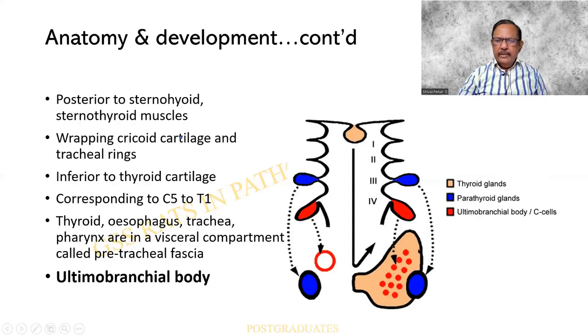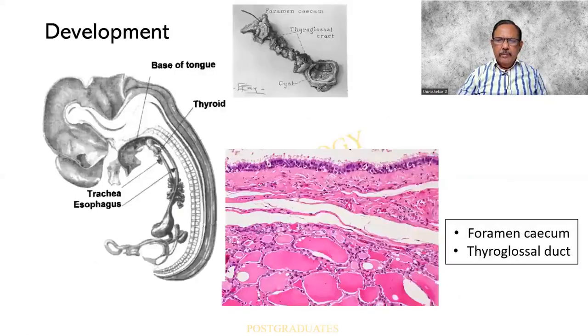And ultimately, this is a developed thyroid that you people see. So this is the thyroid gland along with the parathyroid gland over here. And these are the C cells of the medullary cells. So I would like you people to kindly have this in mind. The ultimobranchial body is responsible for the C cells.